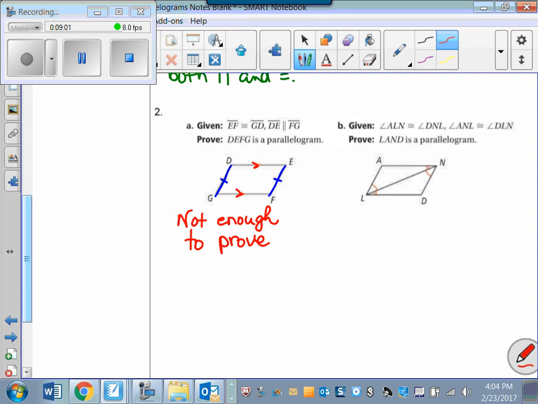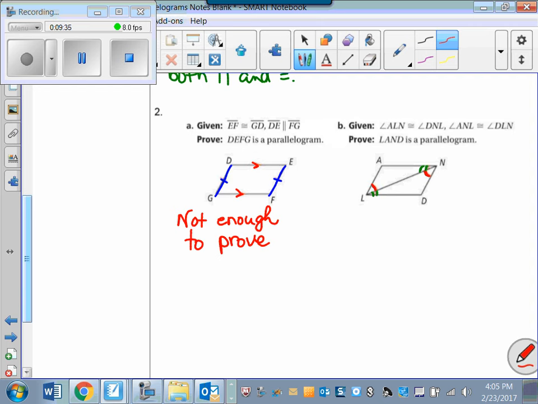Okay, how about B? Angle ALN, so this one right here, is congruent to DNL, right there. Angle ANL, this one right here, is congruent to DLN, which is this one right here. So is this enough to prove that LAND is a parallelogram? Well, let's see.